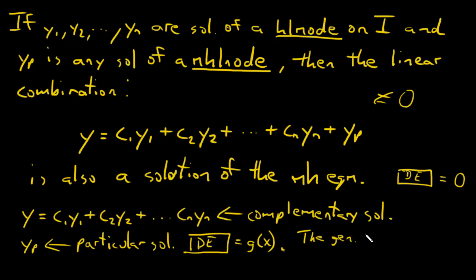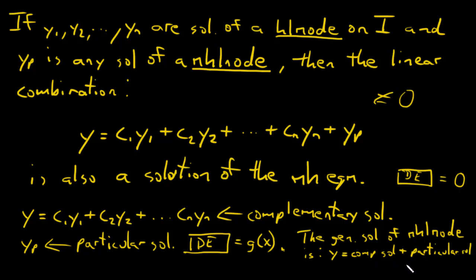The general solution of the non-homogeneous linear nth order dE is y equals the complementary solution plus the particular solution. Can I squeeze it? Yes. Okay.